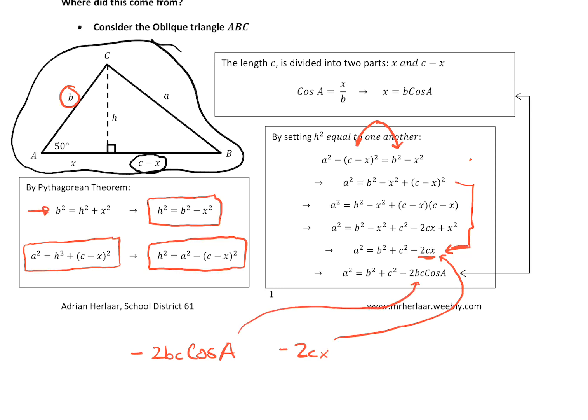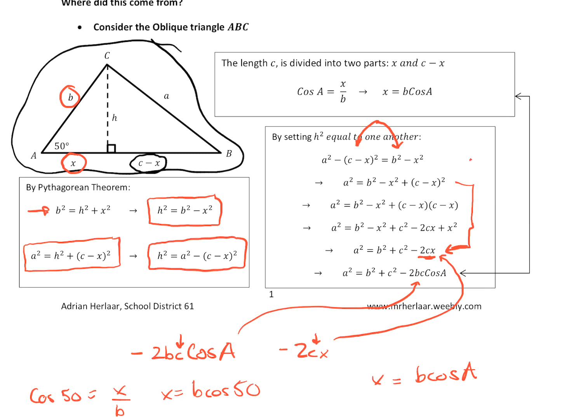Well, that means that here's a c and here's a c. That means x somehow becomes b cos A. Well, if we look at our triangle up here, x is right here. And cos 50, or cos A, is equal to x over b, which means x equals b cos 50.